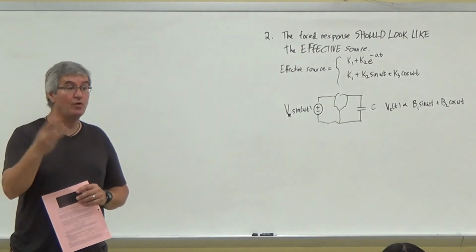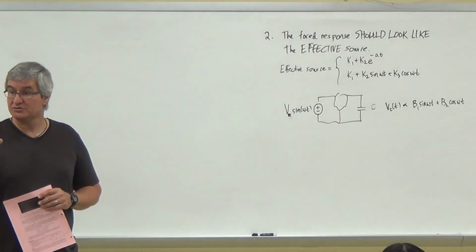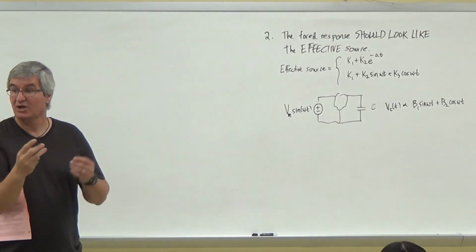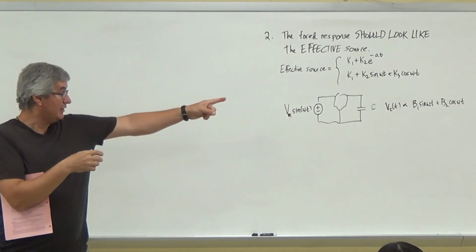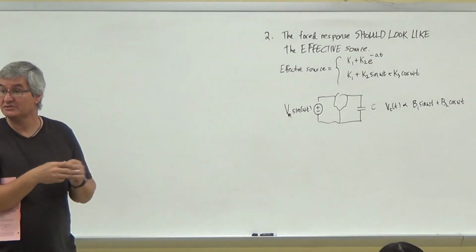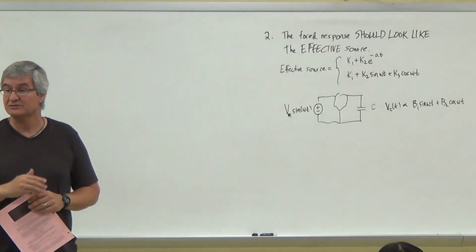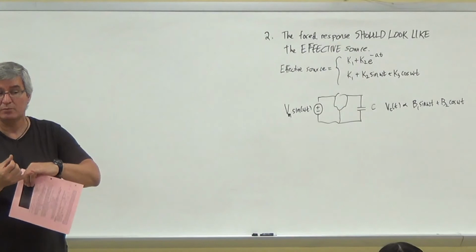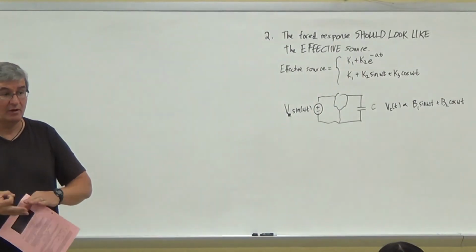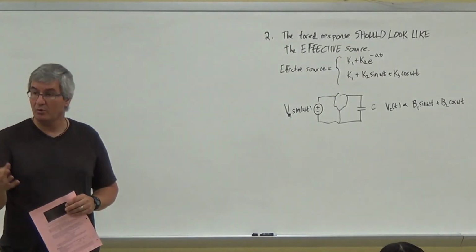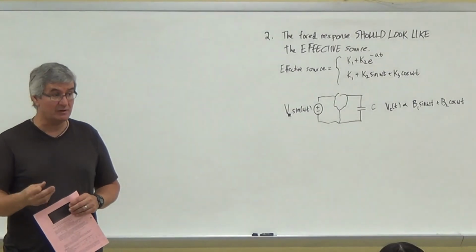To get the force response, we typically use our equation for the first order equation to get those constants. You're going to see that I'm going to use the same constants every single time. I'm going to call them B1, B2, B3. Those B's are always associated with the force response.